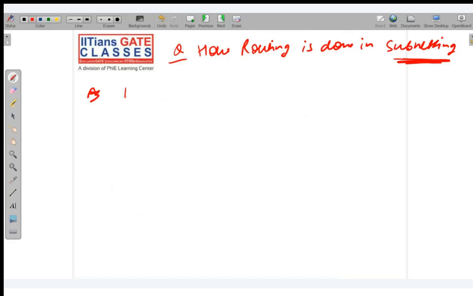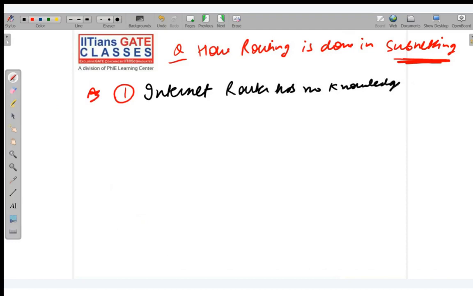So the first point you should remember is: the internet router has no knowledge about subnetting. The rest of the public does not know that you are doing carpooling. It's your personal decision. Same is the case here.